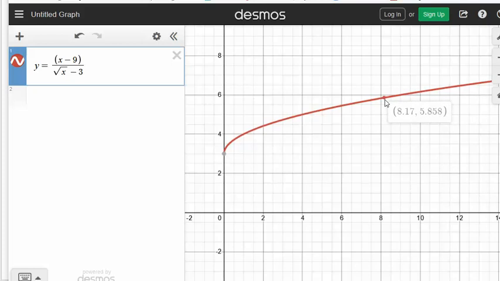But what does it look like the y values are getting close to? It's 5.8, 5.9, 5.93, 5.94. Now it's 6. Looks like it's approaching 6 from the right and 6 from the left, even though it's undefined right there.